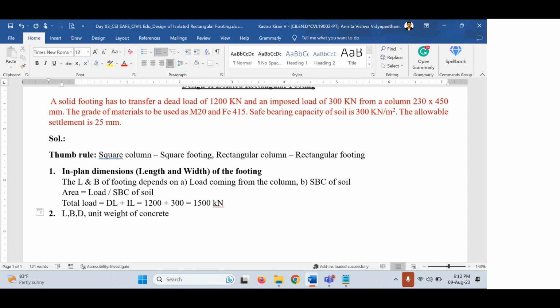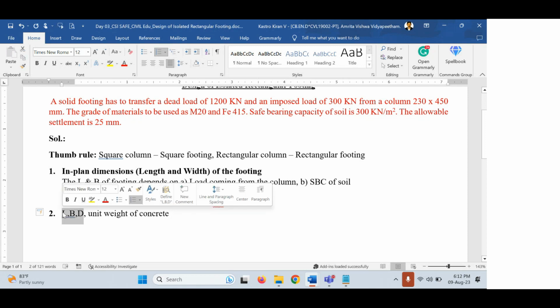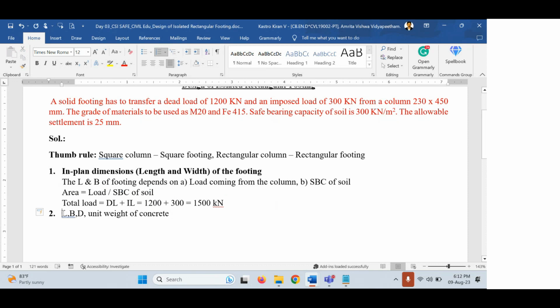This is how we usually get it. Currently, the unit weight of concrete is fine because it's considered as 25. But the length, width, and depth of the footings are unknowns here. Since these three parameters are unknowns, what we decide in general is that the self weight of footing is taken as 10% of the load coming from the column.